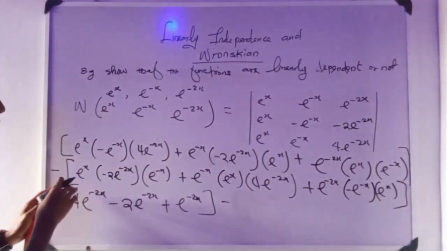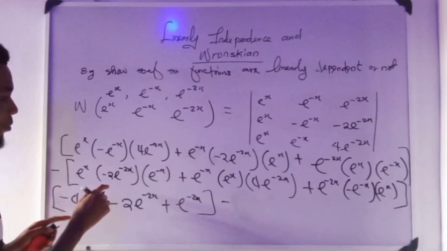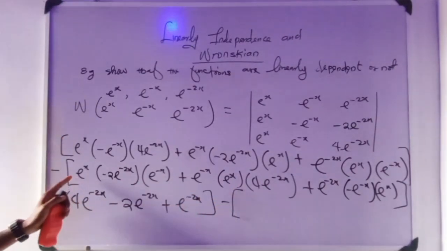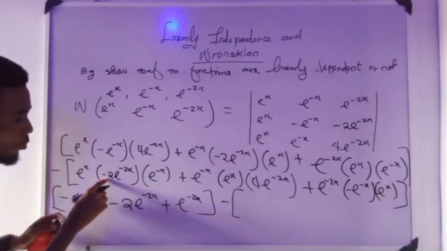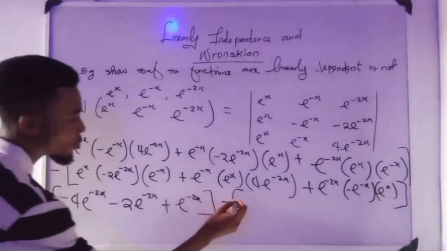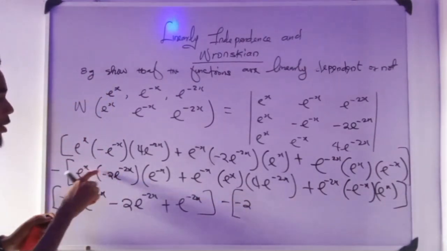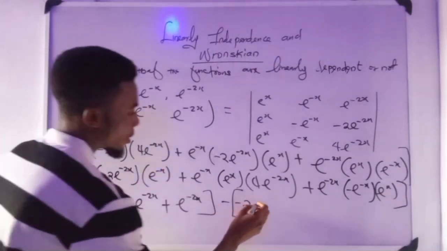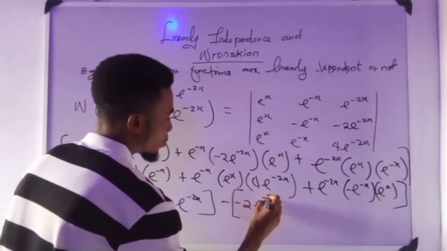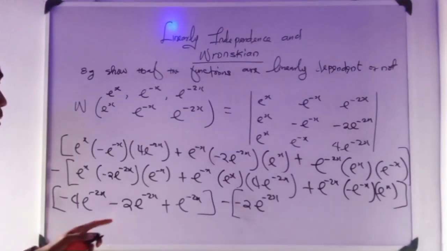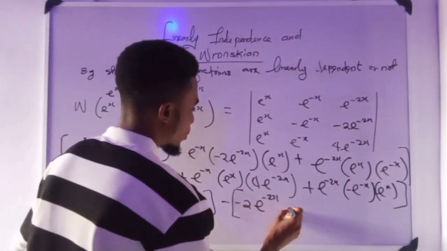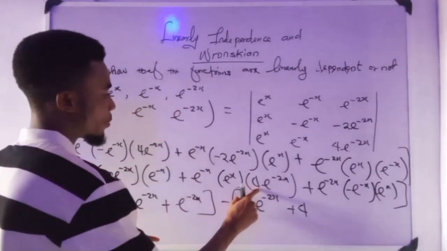Coming down for the left indent, I have this negative here, and what I still have inside this place, I have a negative here as well, which is negative 2 as the coefficient. Now x minus 2x is a minus x and minus x again, which gives you minus 2x as the power of the exponential. Now, coming down here, I should have a plus 4 because of this.